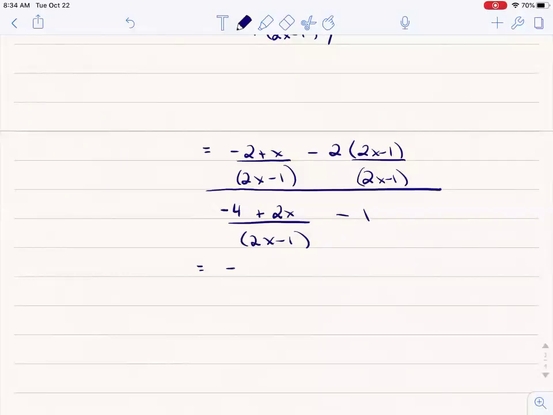So we get negative 2 plus x, minus 2 times 2x minus 1, all over 2x minus 1. Actually, I will put brackets. That's the numerator.